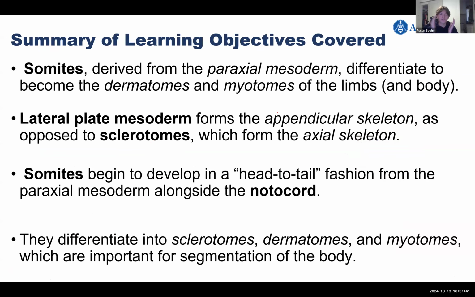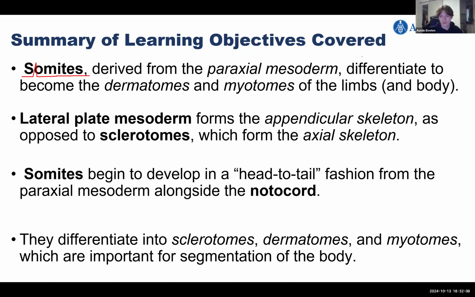All right, so just to finish up, I have a summary here going back over a few of the most important things for you to know, because I know embryology is a lot. It's a whole new language just about. Some of the main things to take away are understanding what somites are, which are derived from paraxial mesoderm, close to the midline where the spinal cord will eventually be.